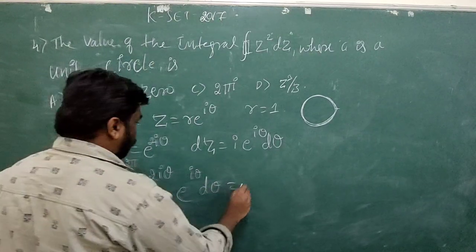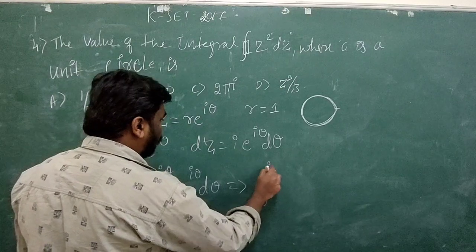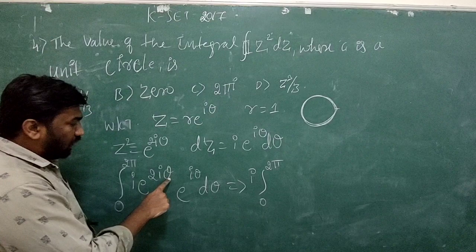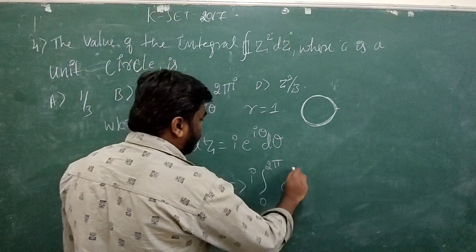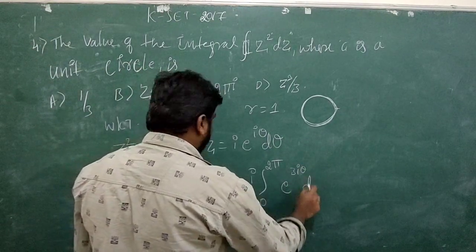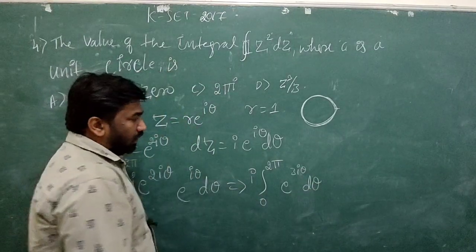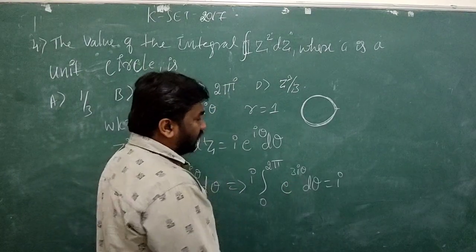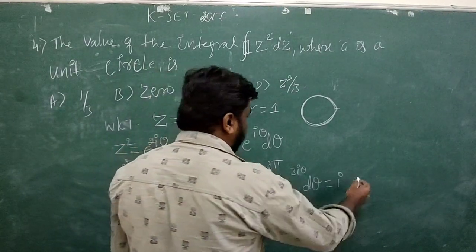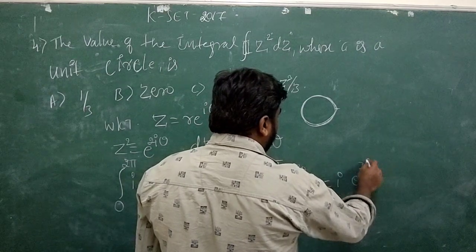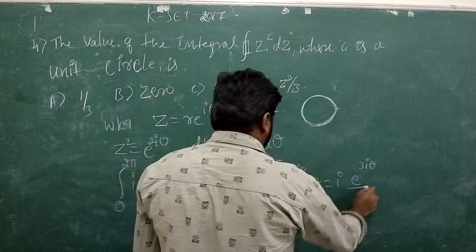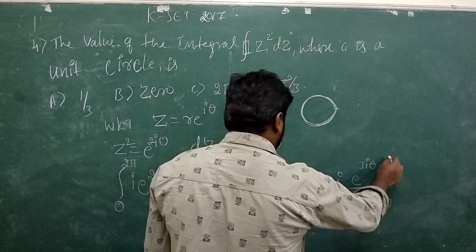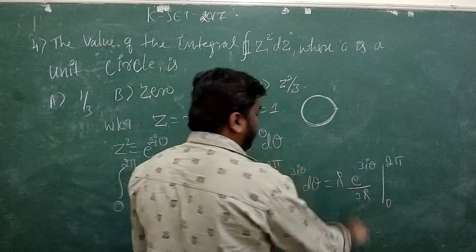So this is equal to the integration from 0 to 2 pi of i into e power 2i theta into e power i theta, that is e power 3i theta, into d theta. If we integrate this, we will get i into e power 3i theta divided by 3i, with limits from 0 to 2 pi, and i gets cancelled.